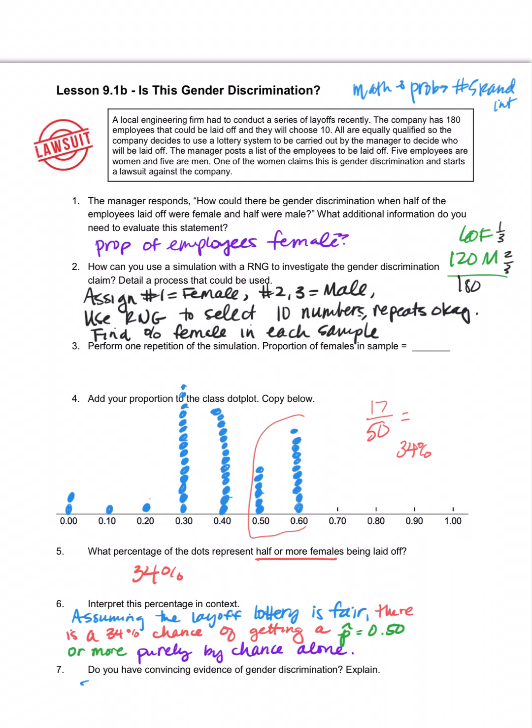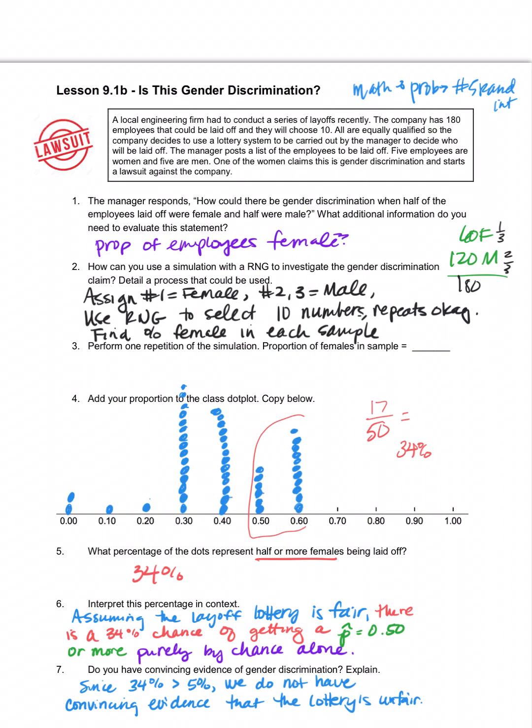Since 34% is greater than 5%, we do not have convincing evidence that the lottery is unfair. We don't have evidence for that, okay?